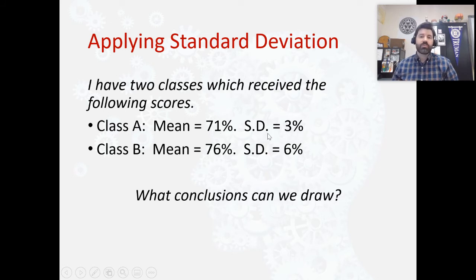If we subtract 3%, it makes it 68. So we have 68 and 74. 68% falls within that range. 95% would fall between 65 and 77. Again, just adding and subtracting another standard deviation, another 3%. And you could do the same thing with Class B.